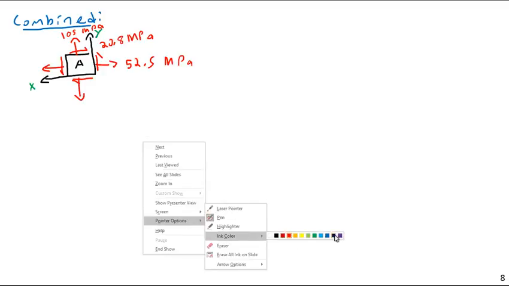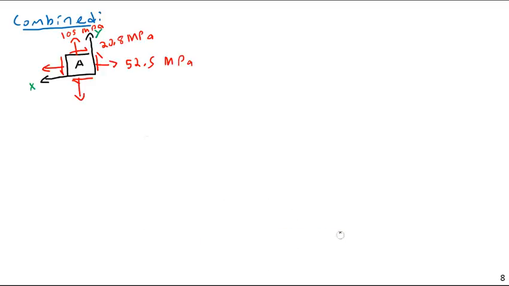And so we're going to need 2 points to create our Mohr's circle. And I'm going to use an H and a V. H is going to be 52.5, comma, negative 20.8. This point, the horizontal point, is there, right here. And then V is going to be 105, comma, 20.8.